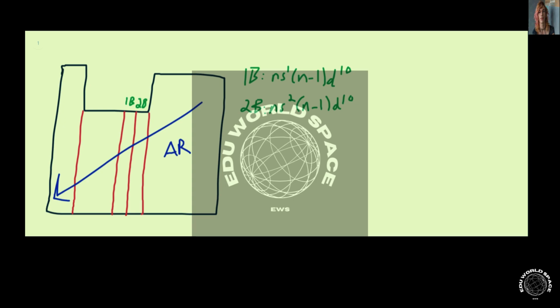So as we go down a group, our atomic radius is increasing. That means our electrons are going to be more spaced out. They're not going to be as compressed towards the nucleus, so they're not going to feel the nuclear charge and be attracted as strongly to the nucleus as they were before.